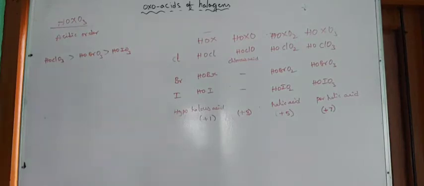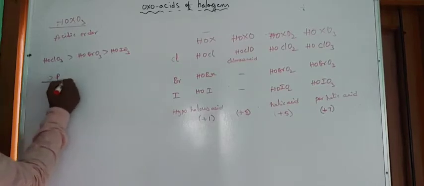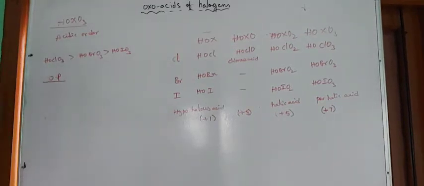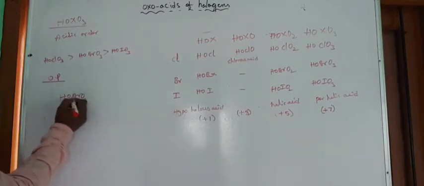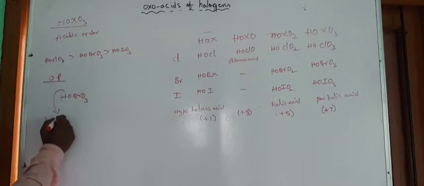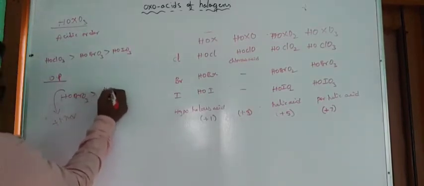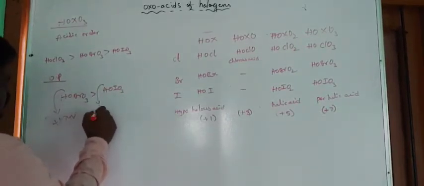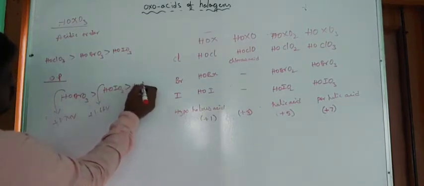Okay, and next one, oxidizing power. Here the oxidizing power of the halic acids is explained based on the electrode potential. This HOBrO3 has the highest electrode potential value, that is 1.74 volts, and after that HOIO3 is a good oxidizing agent and its electrode potential value is plus 1.66 volts, and after that HOClO3.